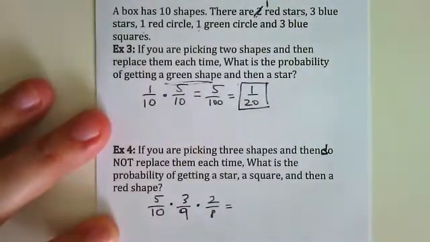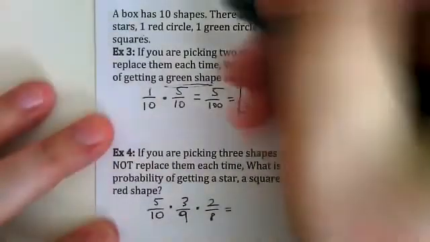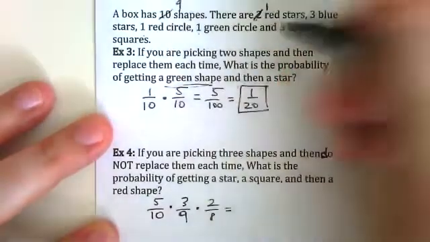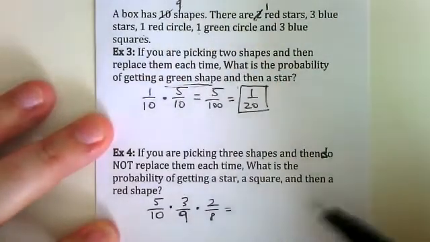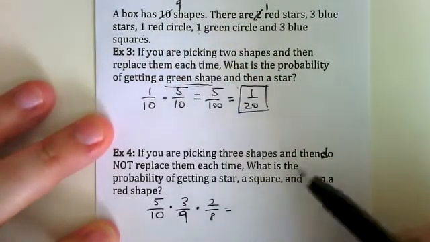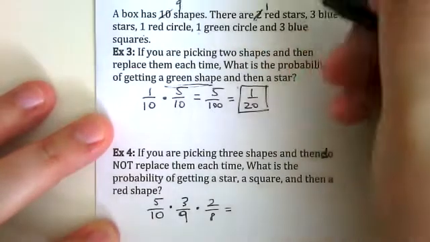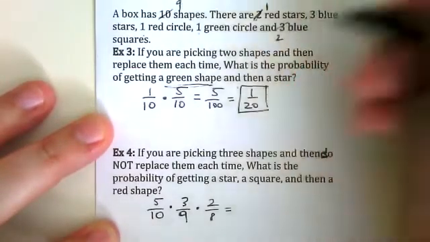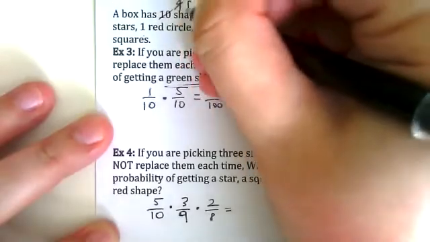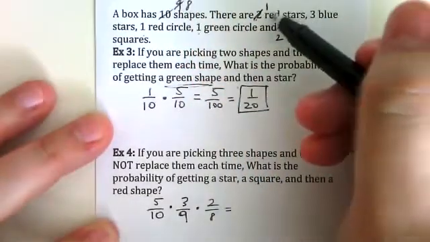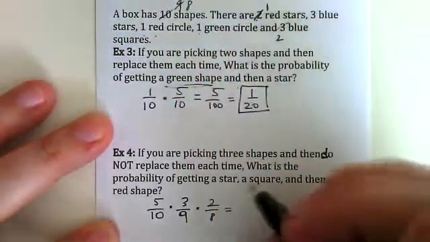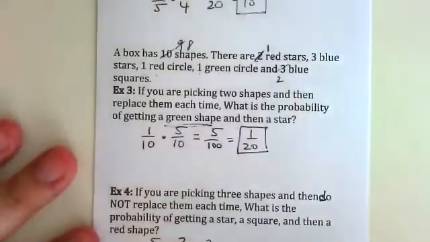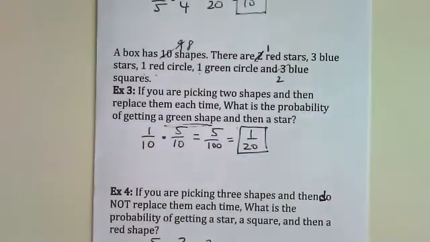Okay, so it goes down each time that we take one out. So we went down to 9 here when I took one of those out, and then I took out a star and then a square. So then the square went down to 2 now. So each time you're going down by 1. So now I've got red, red, 2 out of 8. So then I'm just multiplying straight across here.